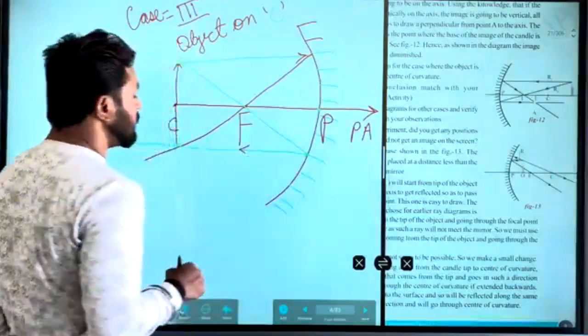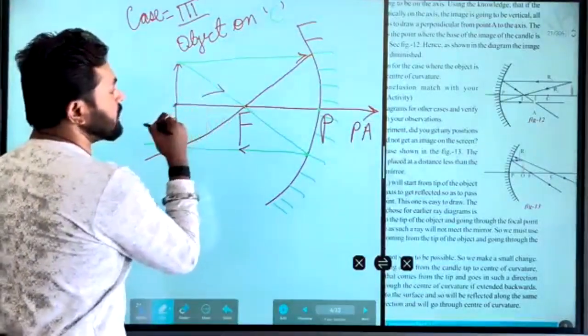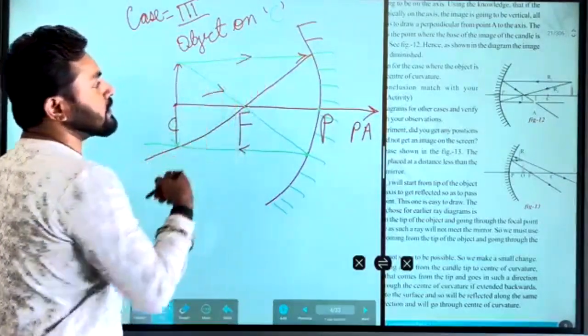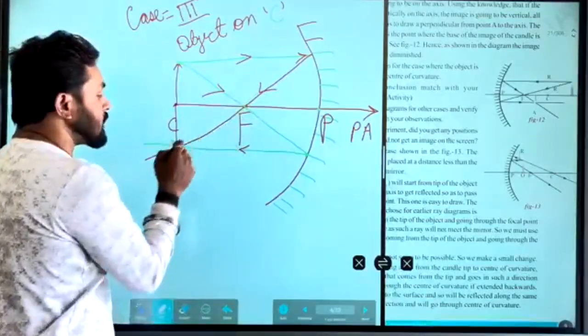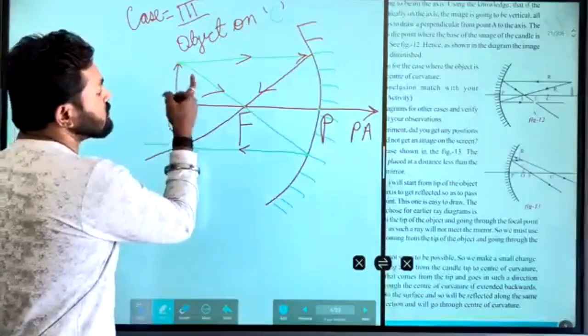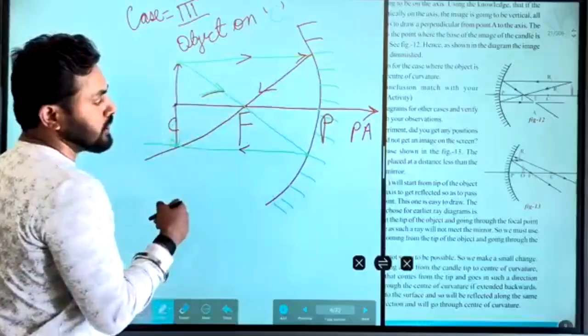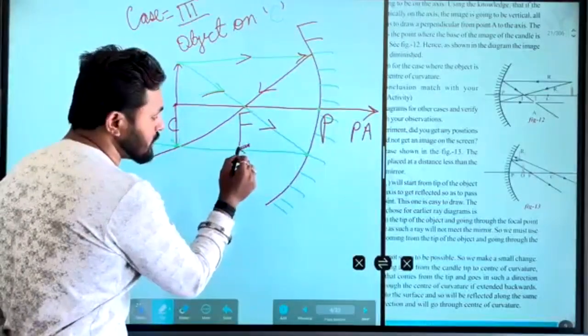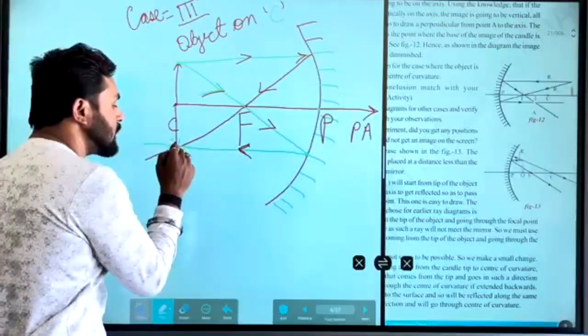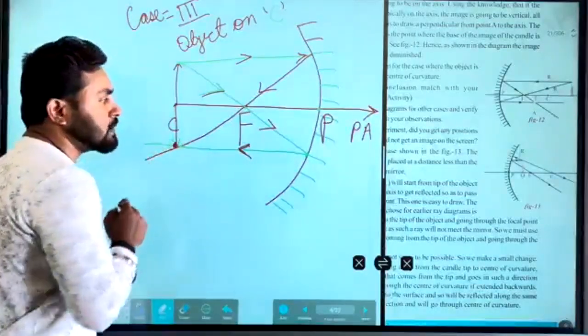This is the reflected ray, this is the incident ray. First, the incident ray is this, for which there is a reflected ray coming and meeting over here. For this incident ray, after striking the mirror, it is reflected and meets over here.